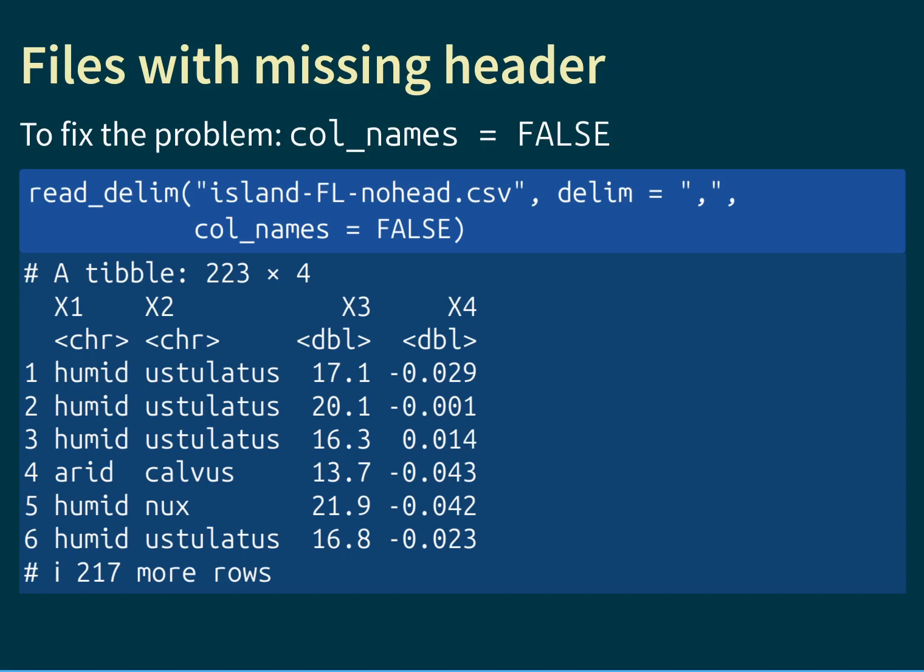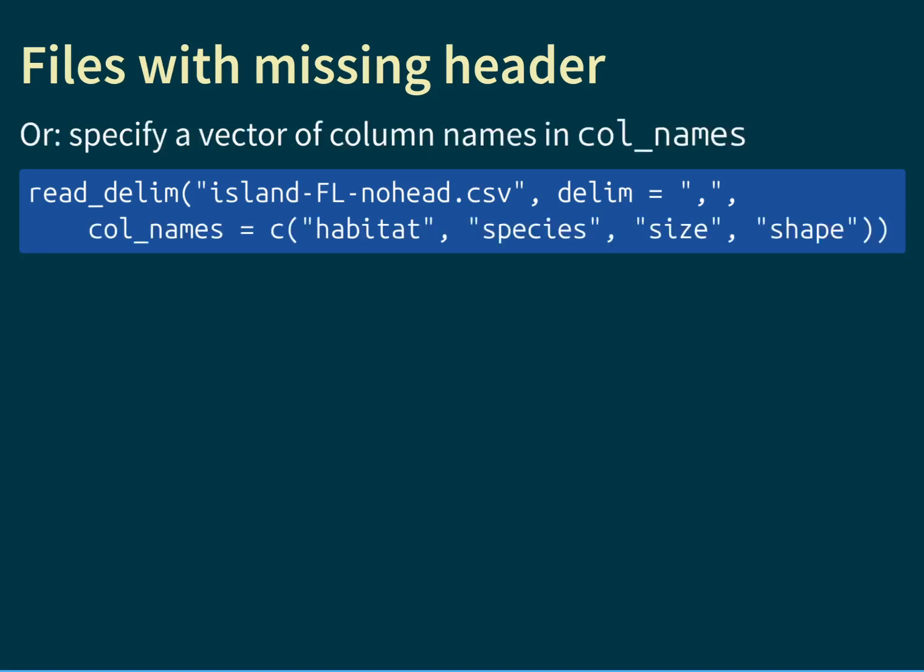As it turns out, there are actually multiple ways of doing that, but the one that is very straightforward to do within the readDelim function is to use the col_names argument to specify a vector of character strings. And if we do that, then those character strings will become the names for the columns.